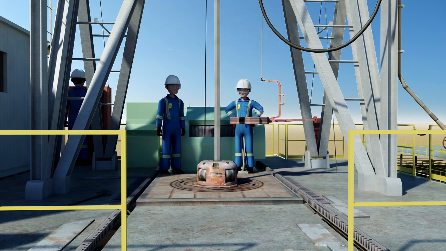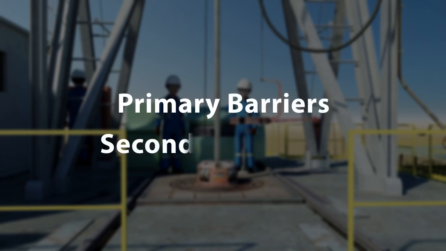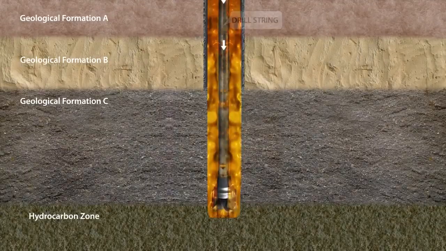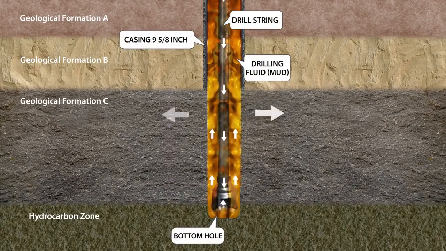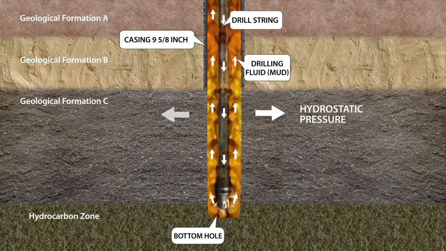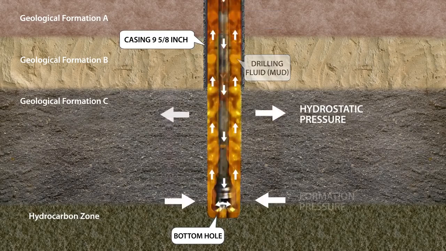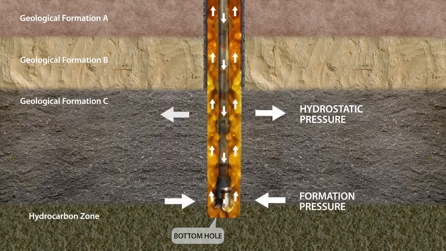It also consists of well control barriers, which are divided into two groups: primary and secondary barriers. The primary well control barrier is the fluid column hydrostatic pressure, referred to as wellbore pressure, that provides overbalance against the formation pressure.